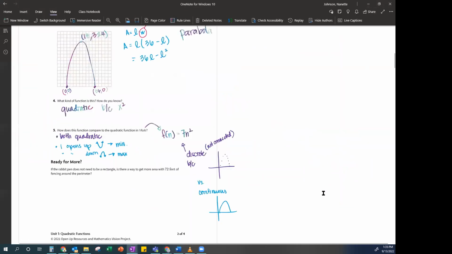The way I like to tell it to my students is this: if we were on a roller coaster and this was the roller coaster track, woo! Because it's completely continuous. This one, do you see how we're missing parts of the track? Not a good roller coaster track. Very good roller coaster track. Does that make sense? So this is discrete. This is continuous. Okay.